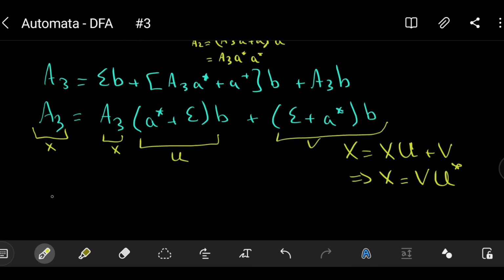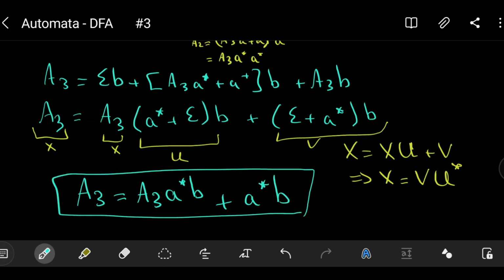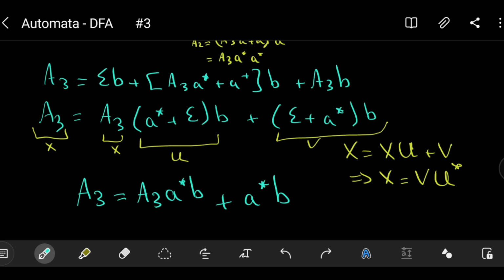So the final product would be A3 equal to A3A star B plus A star B. This is the A3.